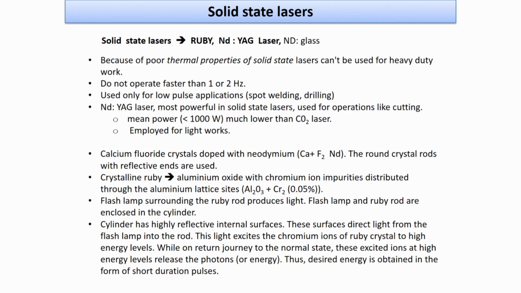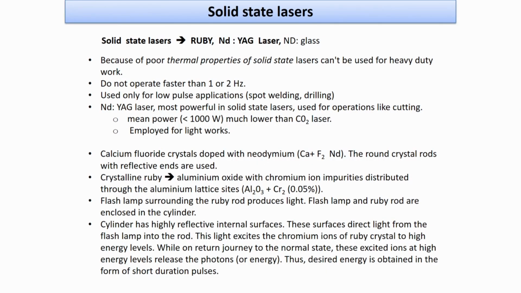Like in the ruby crystal, it is nothing but aluminum oxide with chromium as the doping material or impurity, which is distributed through the aluminum lattice sites. This chromium consists of 0.05% of the aluminum oxide. One flash lamp is used surrounding this ruby rod, which produces light, and this flash lamp along with the ruby rod is kept inside a cylinder.